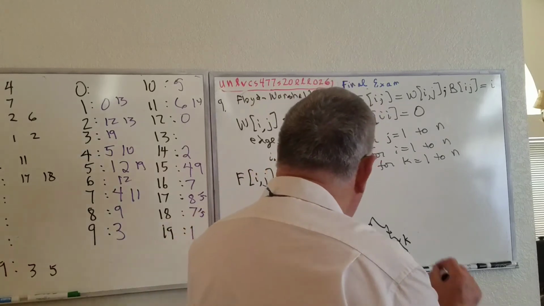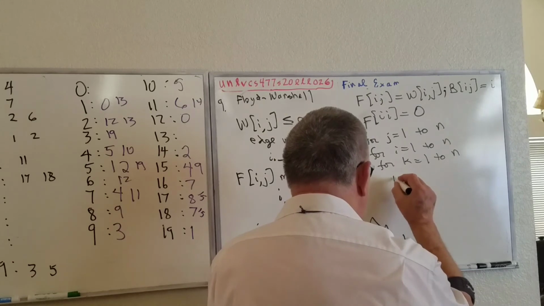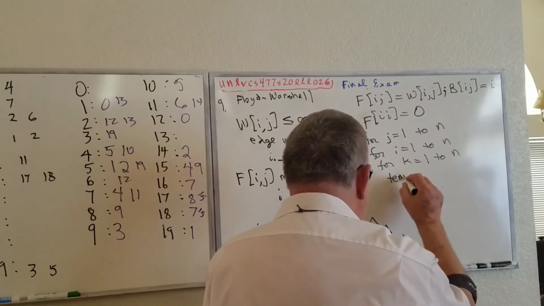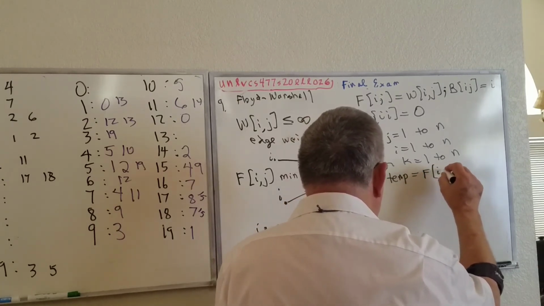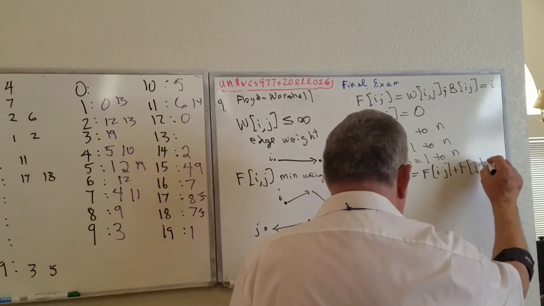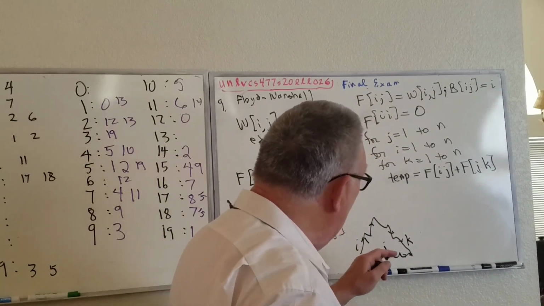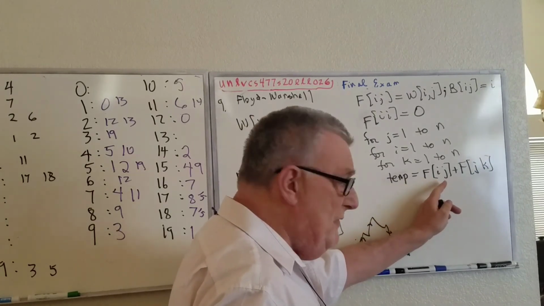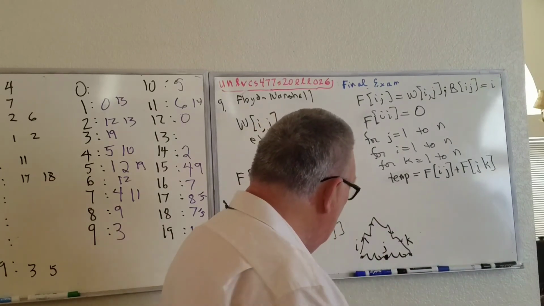All right, so now what we're going to ask is this. We're going to check the values. So, well, I'm going to set this up to be a temp. The temp value is f of ij plus f of jk. Now, when I said there is no path which has j in the interior, that still allows paths from j to the end.